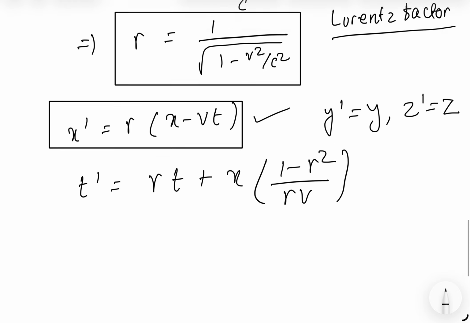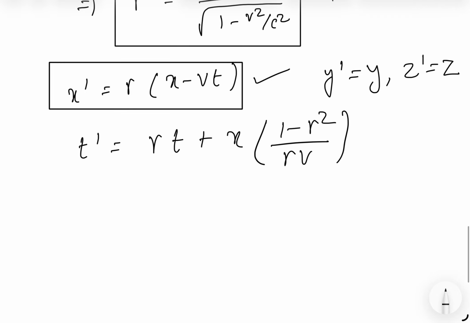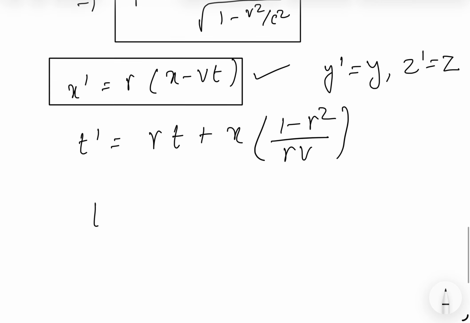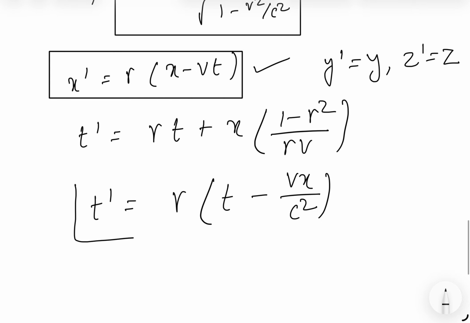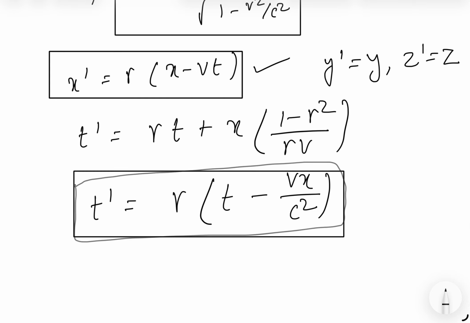But you can substitute the gamma value, which is 1 divided by square root of (1 minus v square by c square), and simplify it, cancel whatever can be cancelled, and finally you will reach this value: gamma times (t minus vx divided by c square), right?